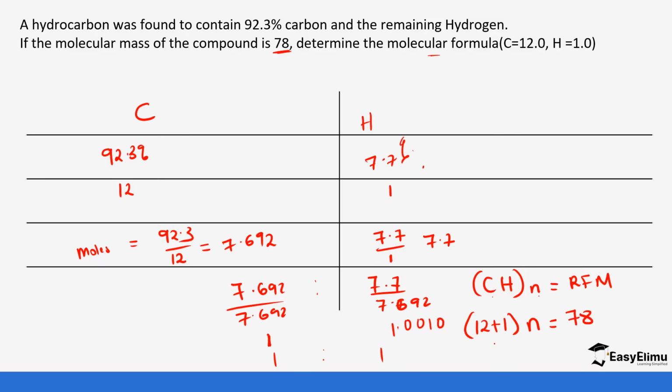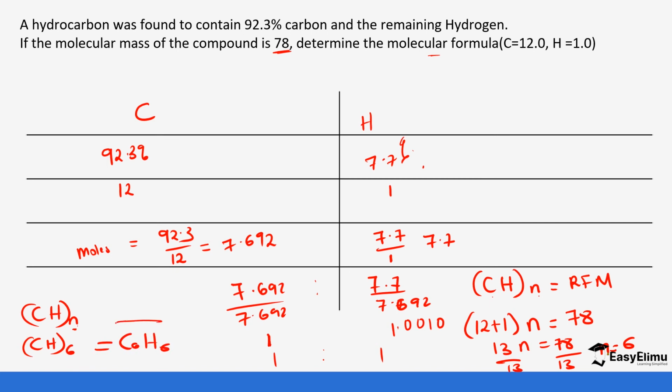So this tells us 13n is equal to 78. You divide by 13, you divide by 13, you get the value of n to be 6. So if we go back, we said it is CH in brackets n, and you already have the n, so it is CH in brackets 6, which gives us C6H6. So this is our answer.